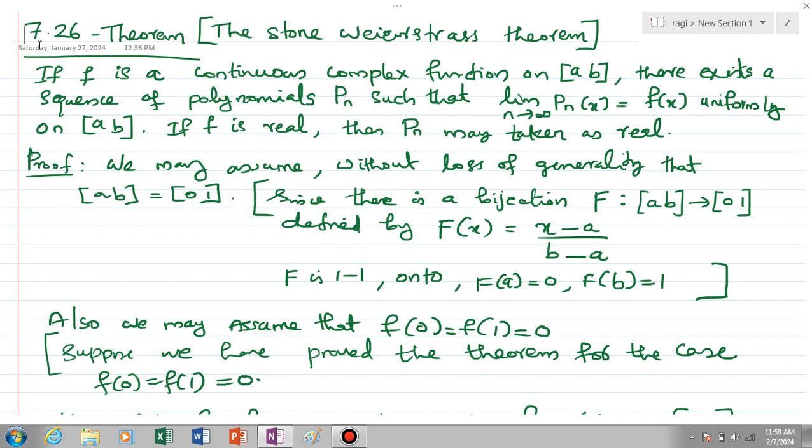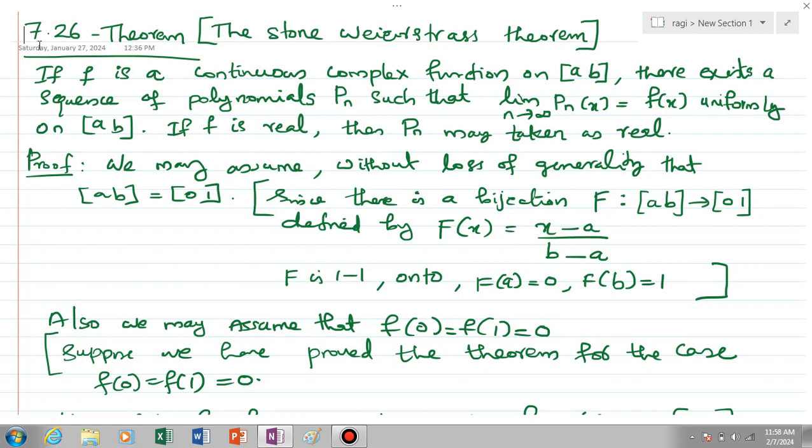We can clearly see that the function is one-one and onto, and checking the images, F of a gives 0 and F of b equal to 1. So we can consider closed interval [0, 1] instead of closed interval [a, b] in this theorem.